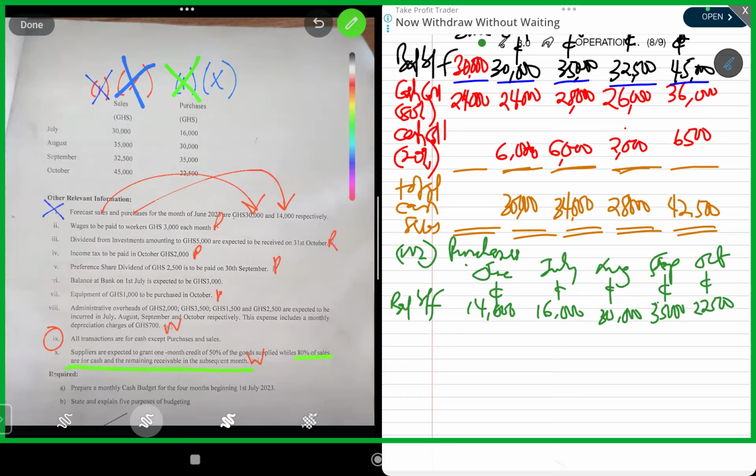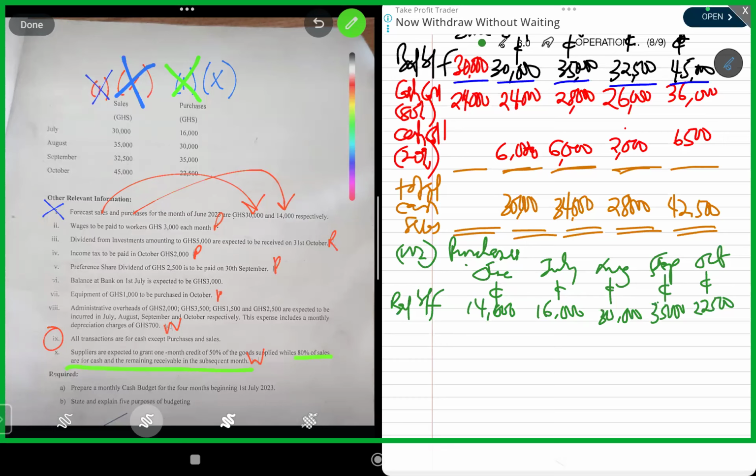So we are interested in the cash collection. Here, purchases has to do with the fact that the business is buying from suppliers. So here it is not cash collection; we will say it's about payments. Which month, how much are we actually paying in cash? That's what we are interested in.